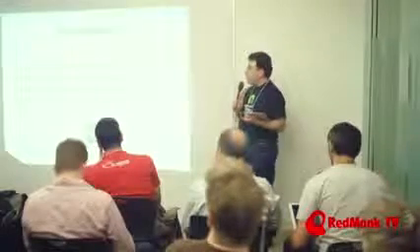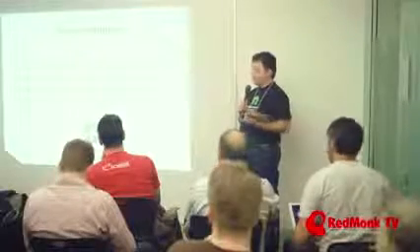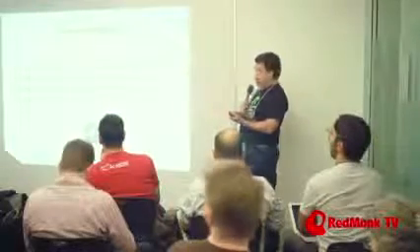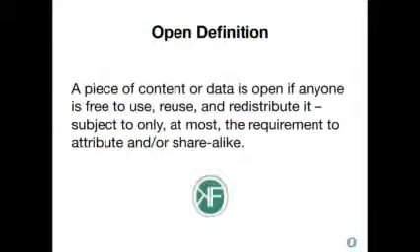So let's talk a little about the definition of open data. This actually owes a lot to the open source world in terms of how it is defined. It's a very short definition, though there's a whole lot of text behind it. This came from the Open Knowledge Foundation. What it says is open data has to be freely redistributable.